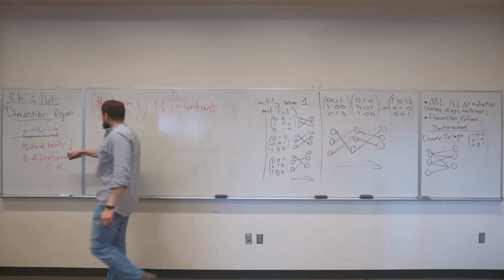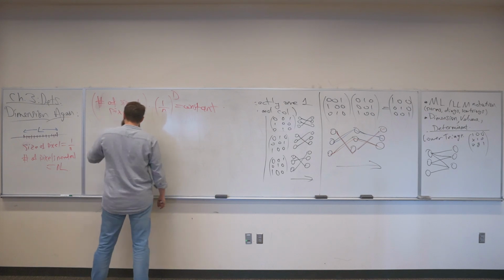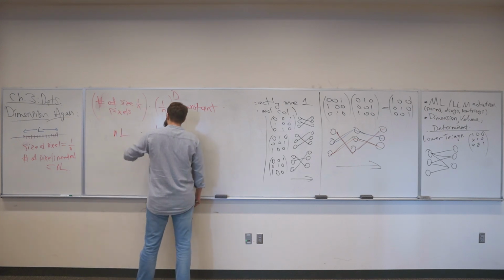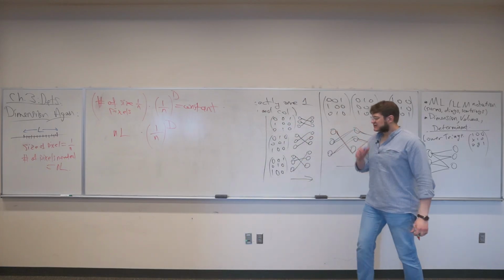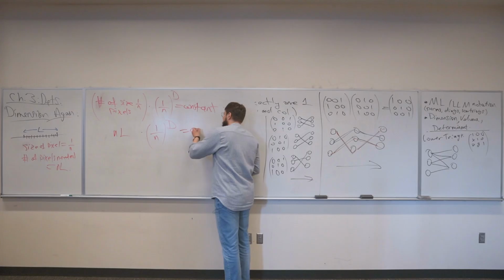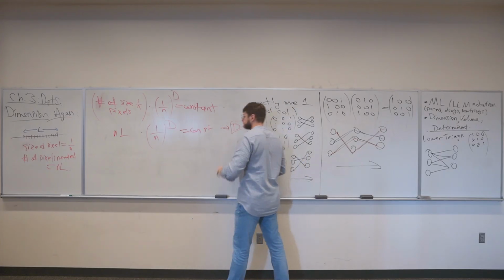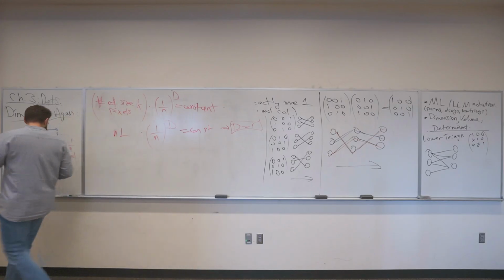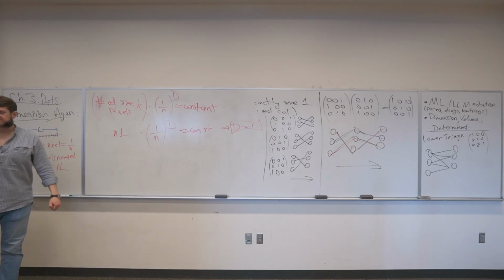In this case, d ends up being 1, because this we saw is n times L, and in order for this to be a constant, this has to cancel out with this, which means d has to be 1. Meaning, based on this comparison between size of pixel and number of pixels needed to cover the whole thing, you can recover the dimension.